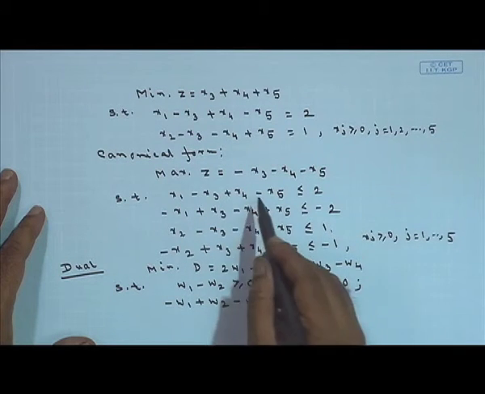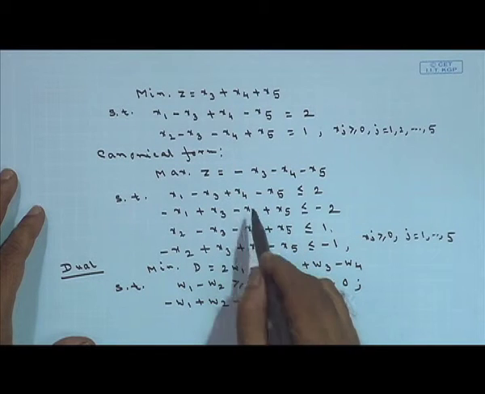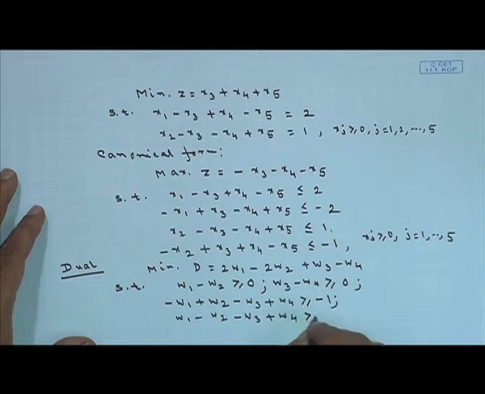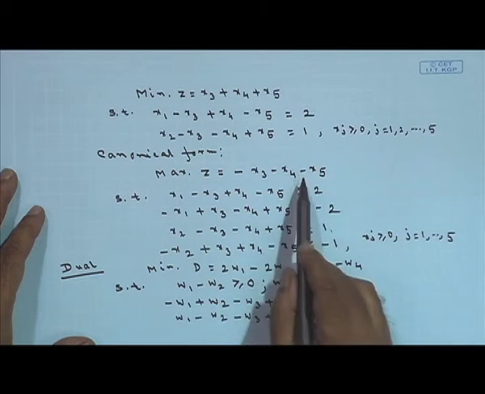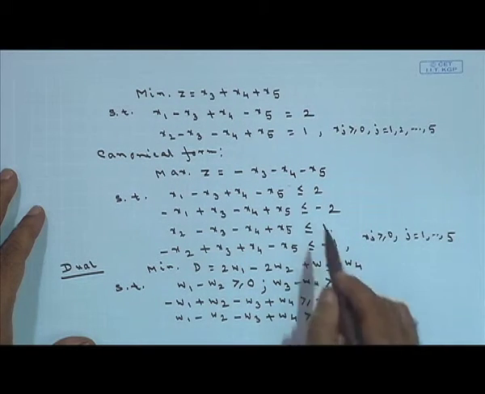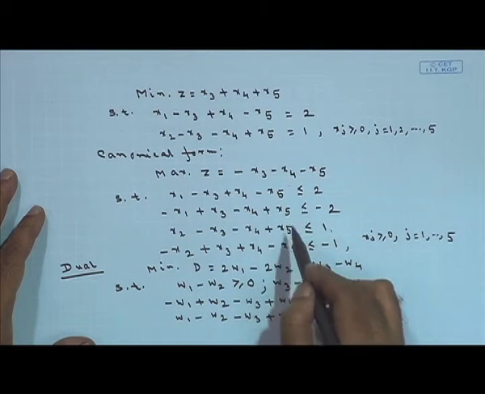Then the next one will be the coefficients corresponding to x4. It will be w1 minus w2 minus w3 plus w4, greater than or equal to the coefficient of x4 in the objective function, which is minus 1. The last one is x5, which is present in all 4 constraints.